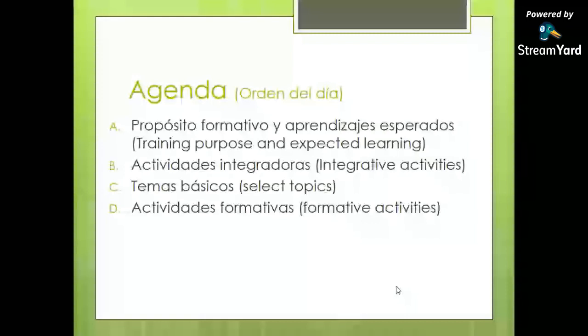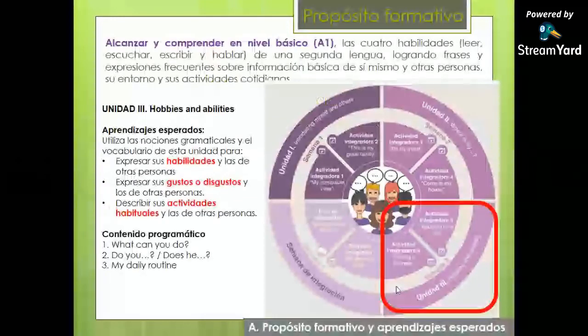Also, we are going to review some selected topics. These kinds of topics are the most important for the activities. And we will see also the formative activities.